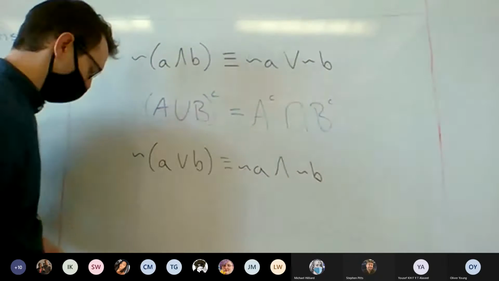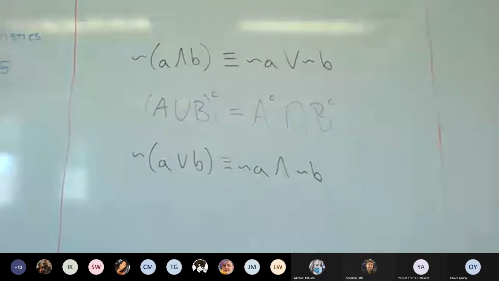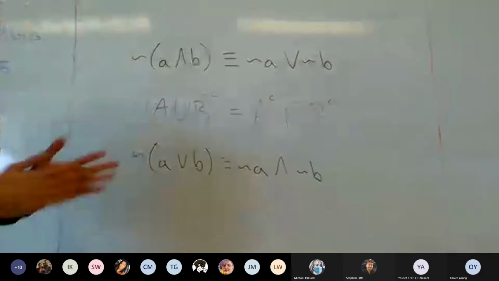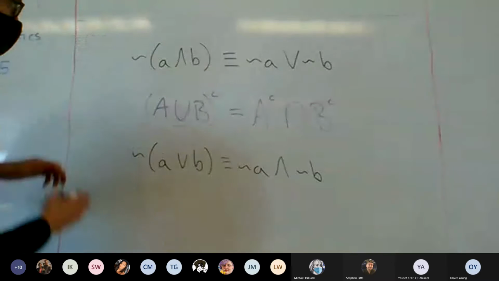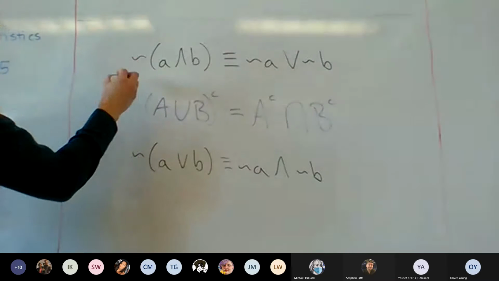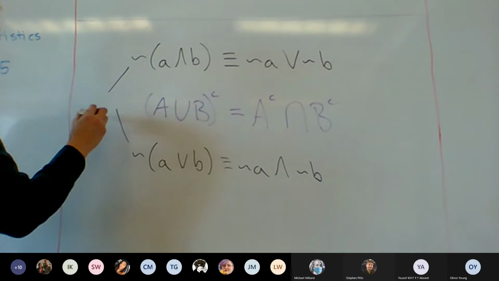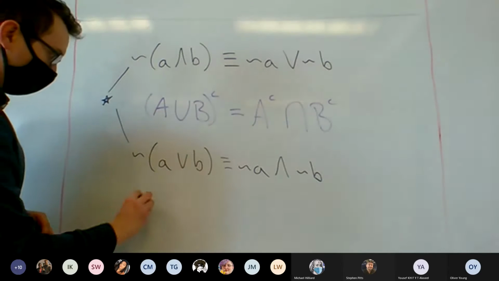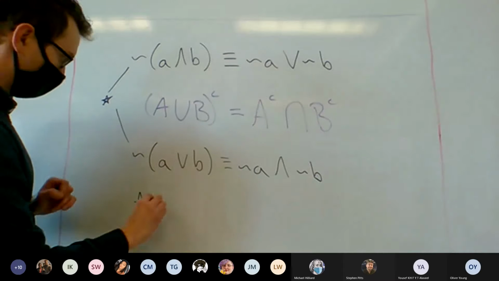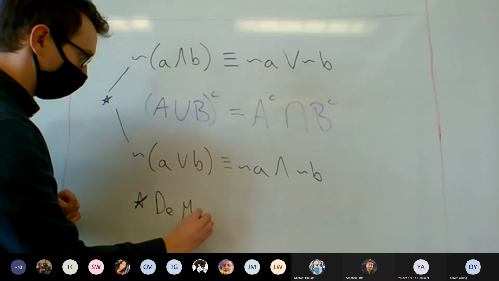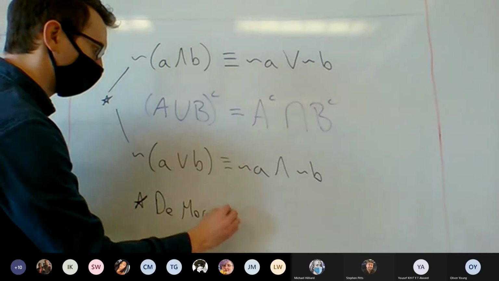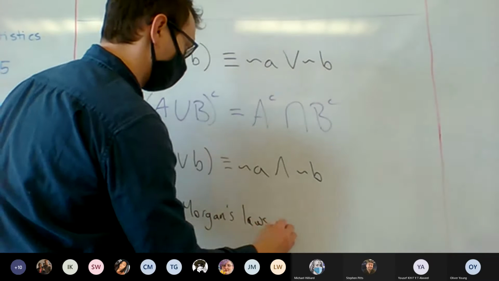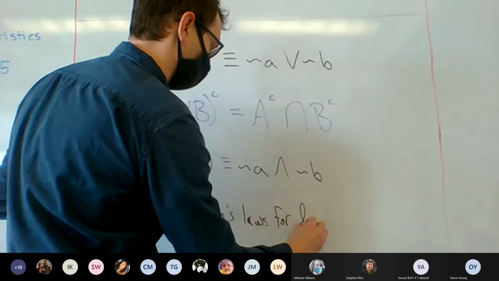These two things together are called De Morgan's laws. Put a star, and I'll name it down here since I'm squished for space. De Morgan's laws for logical statements.